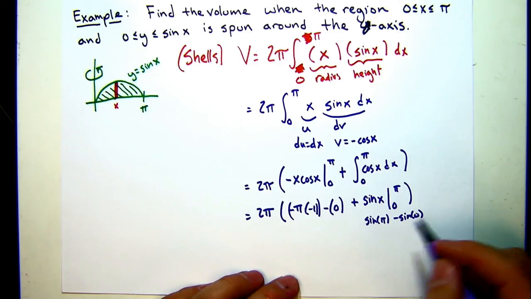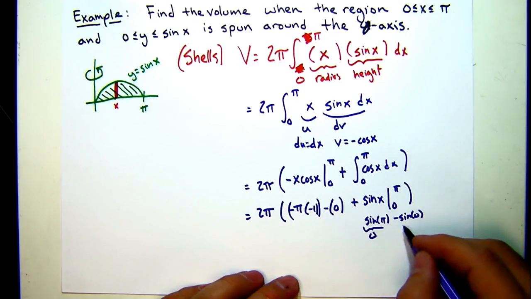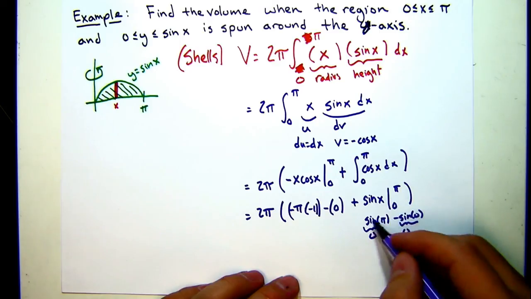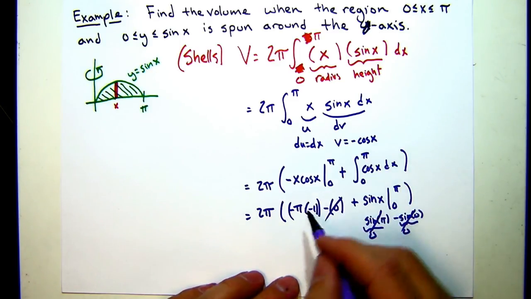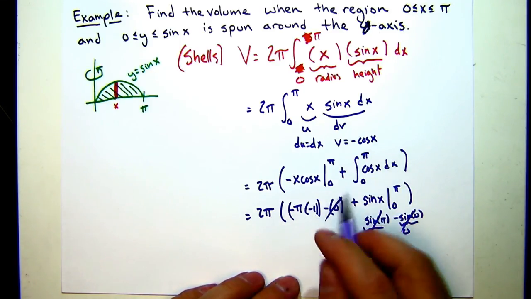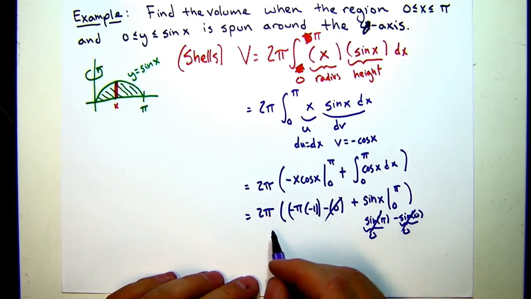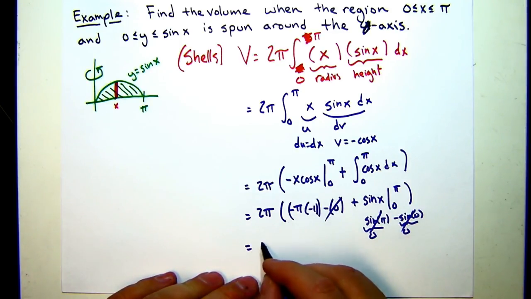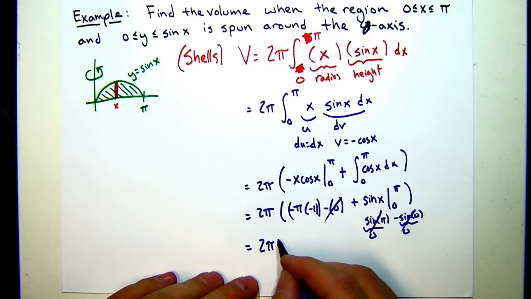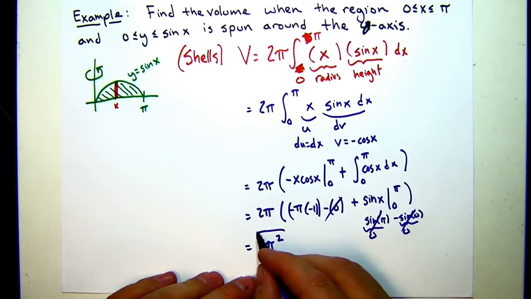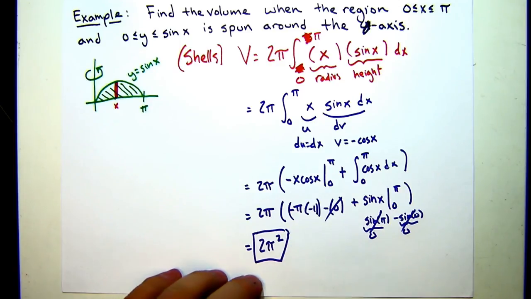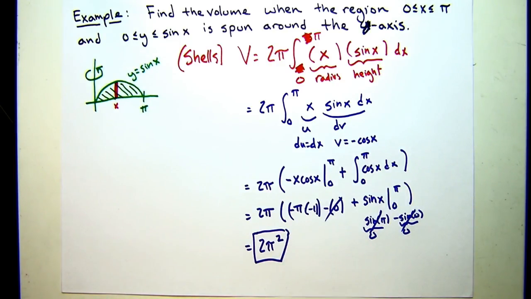Now, sine of pi is equal to 0. Sine of 0 is equal to 0. So this part actually drops out. Minus pi times minus 1 is plus pi. So it's 2 pi times pi, which means 2 pi squared. Okay. 2 pi squared. Good.